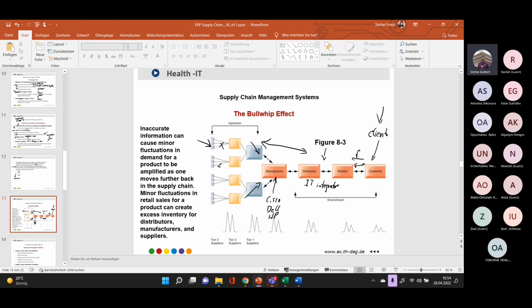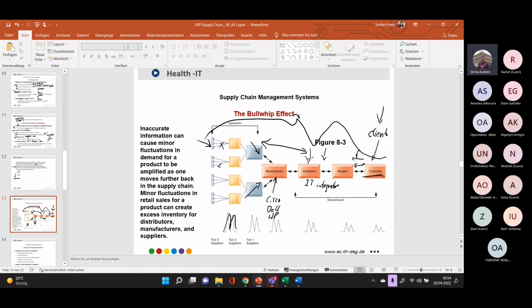And the problem is this delay not only delays the final delivery to this client here, it can also create miscommunication and misunderstandings, which then lead to problems or to wrong deliveries on the client side. And you see here it amplifies per stage. And you can see there are a lot of stages in between in this whole process, and on each stage, something can happen.